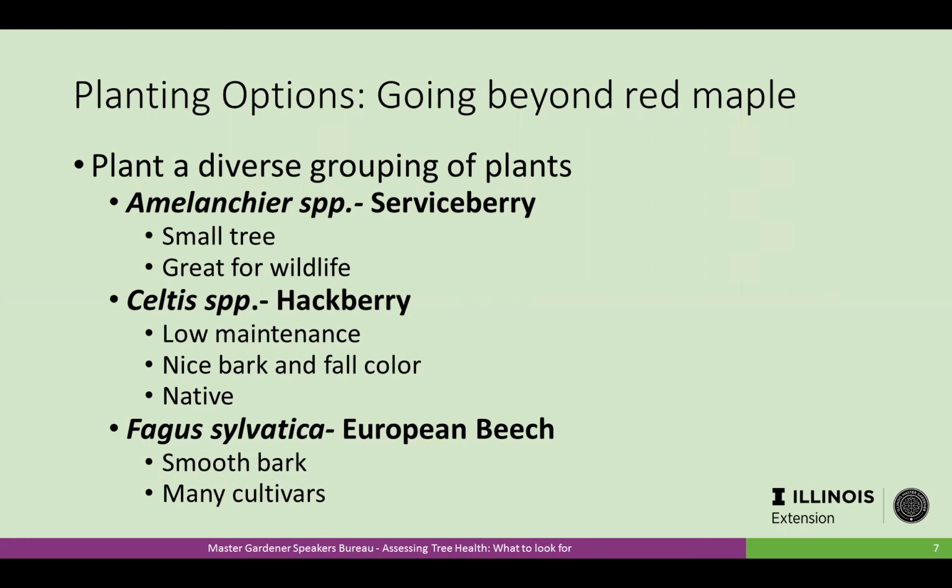Sometimes I feel like maples get a bad rap because of some of the problems with the silver maple in naturalist type situations. The red maple is a good tree, but it's not an easy tree to grow. So what we're suggesting here is maybe we could plant something besides red maple and think about that.